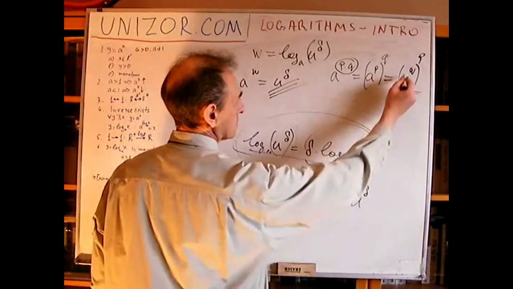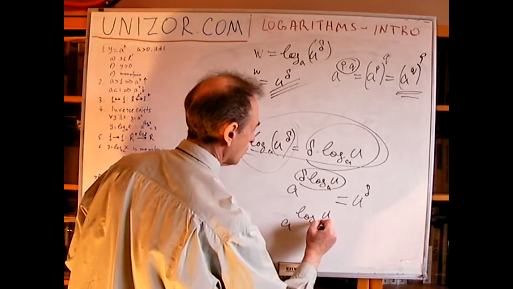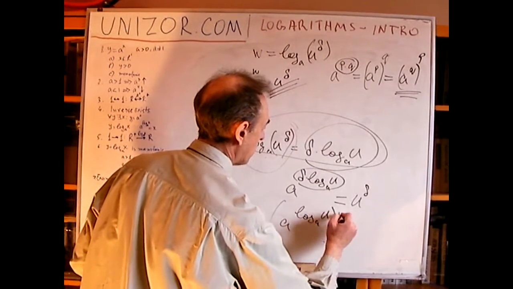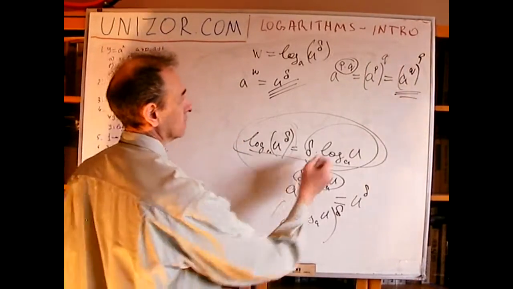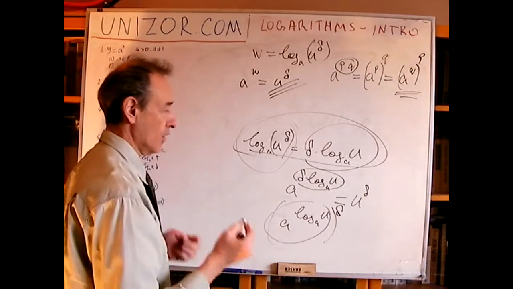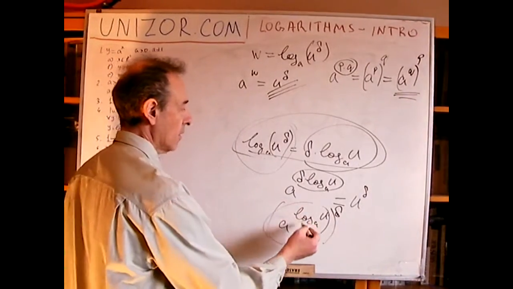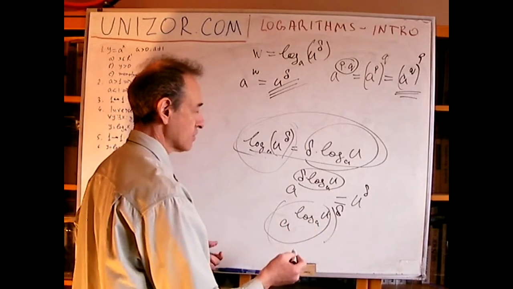Q is this, so it's a to the power of log u base a, to the power of delta. What is log u by the base a if I raise a into this power?